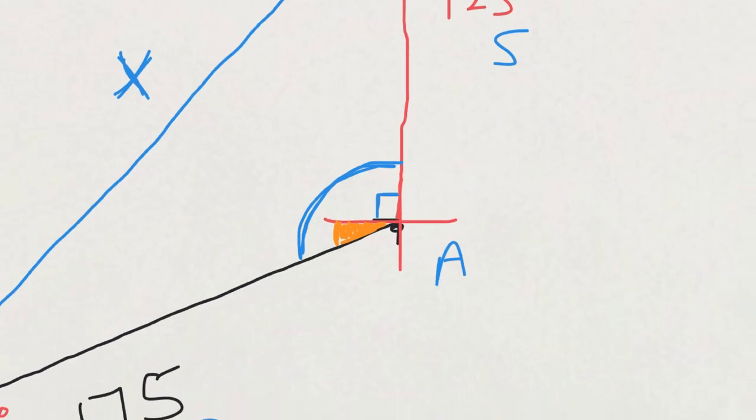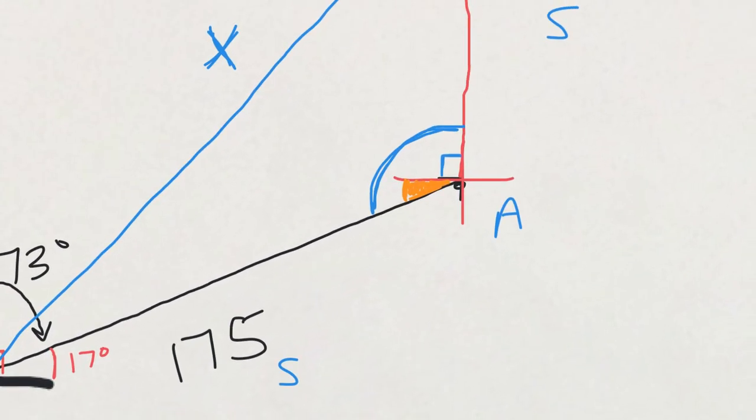Okay? So let's come and let's make ourselves a triangle. So let's connect our east compass point to your south compass point. Okay, that's always a 90-degree angle. So I have a right triangle here with one angle of 17 and one angle of 90, which means this angle up here has to be 90 minus 17, which is 73.